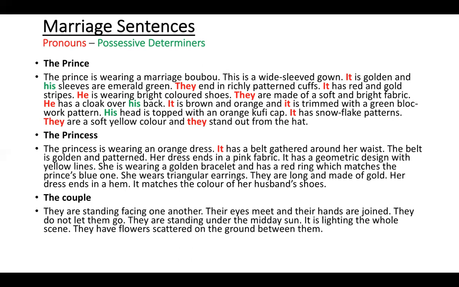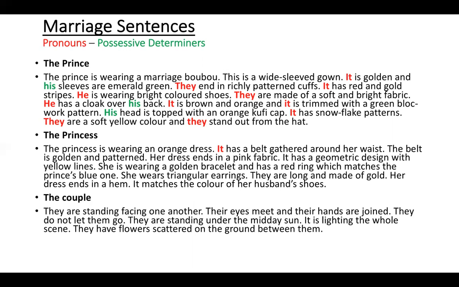So let's have a look at the beginning of the sentence. The prince is wearing a marriage bow. This is a wide sleeve gown. It is golden. So it replaced the gown. Well done. And his sleeves are emerald green. His is a possessive determiner, it replaced the prince, and it's a possessive determiner because it's next to the noun, which is the sleeves.